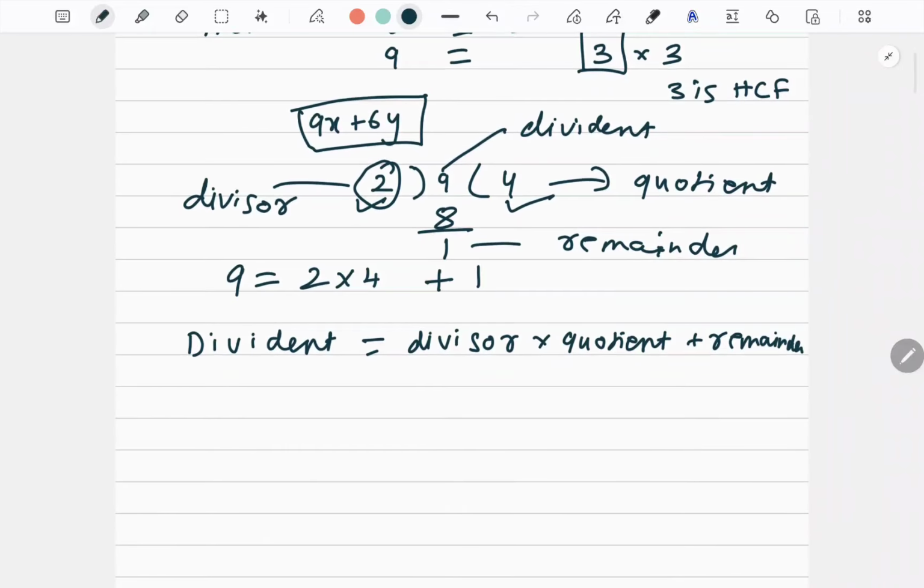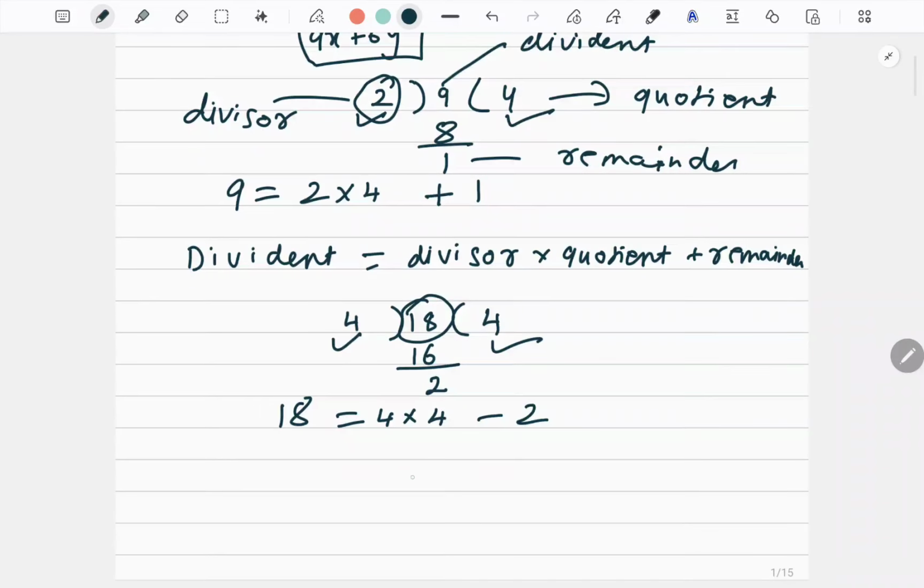Always remember, when you are dividing something, you can write like this. Let me tell you one more example. Suppose I have 18 and I am dividing it by 4. 4 4s are 16. So what is the remainder? 16, 17, 18, 2. So how can I write 18? 18 is equal to 4 into 4 plus 2.